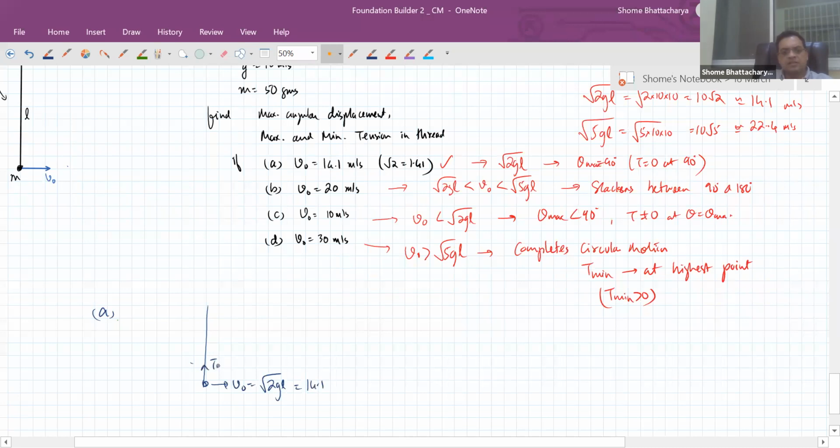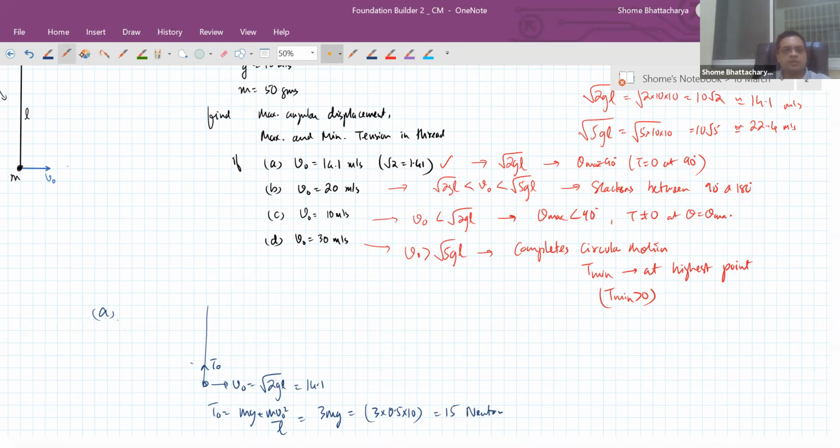So the tension here is mg plus m v naught square by L. When you work that out, you'll see it become 3 times the weight. So that is 3 into 0.5 into 10. So 15 newtons. Or sorry, 0.05 into 10, my mistake.